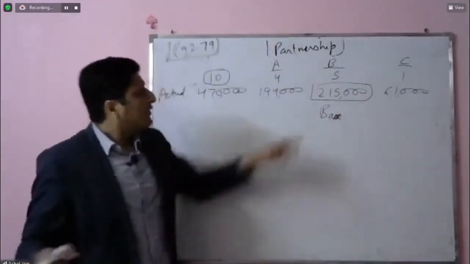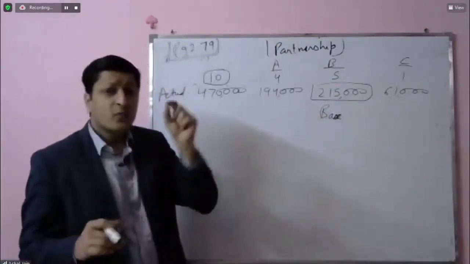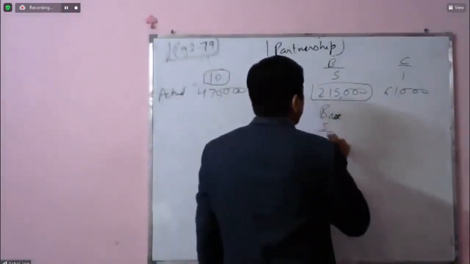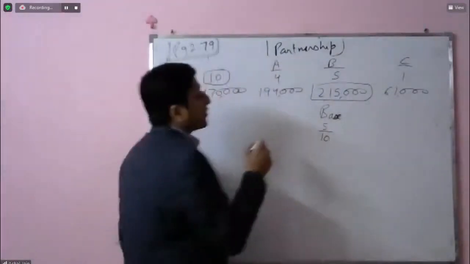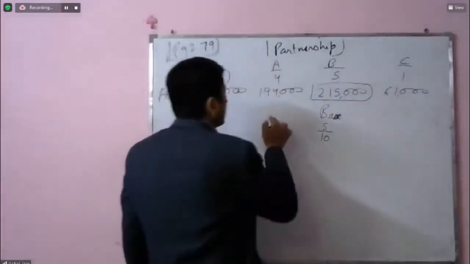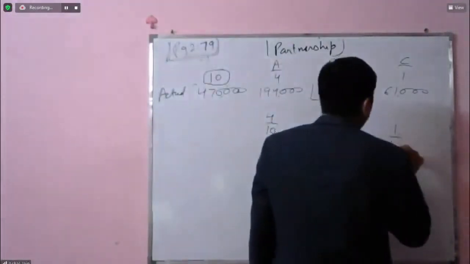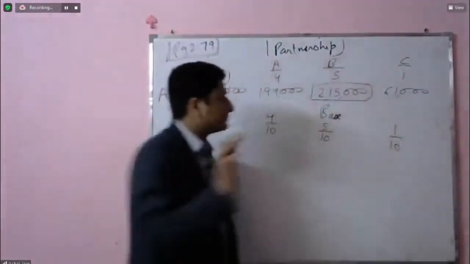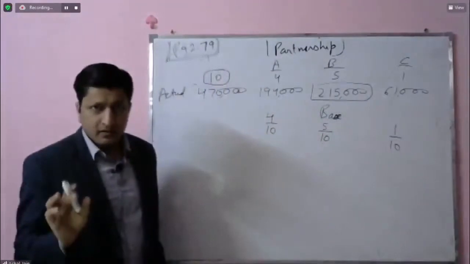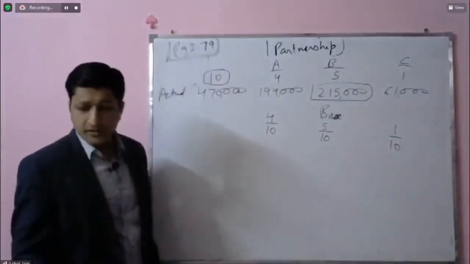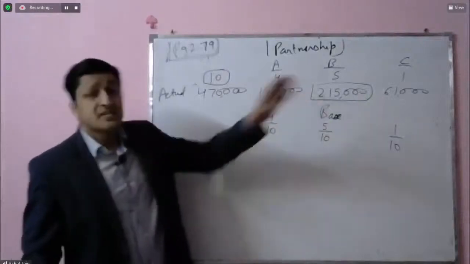Now, if B's capital is the base, what's the profit sharing ratio of B? 5 out of 10. What's the profit sharing ratio of A? 4 out of 10. C is 1 out of 10. Correct? So this is the profit sharing ratio, and once again, this is given in the question.